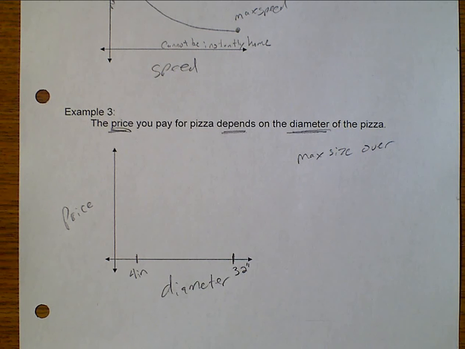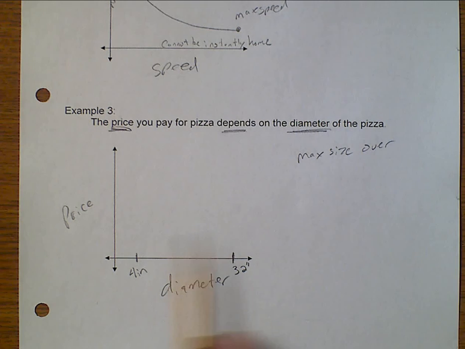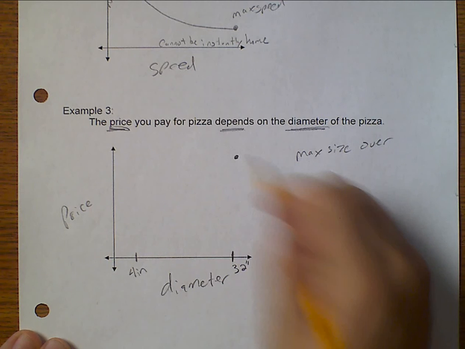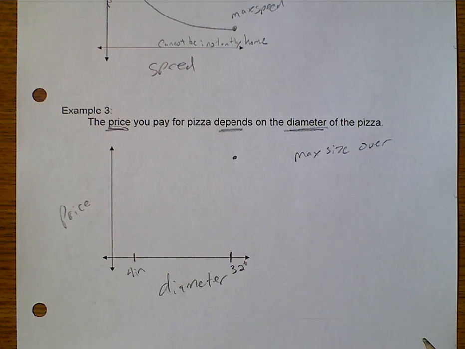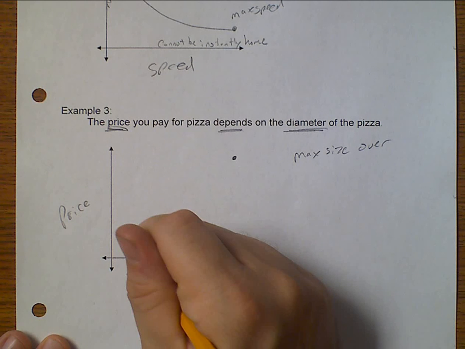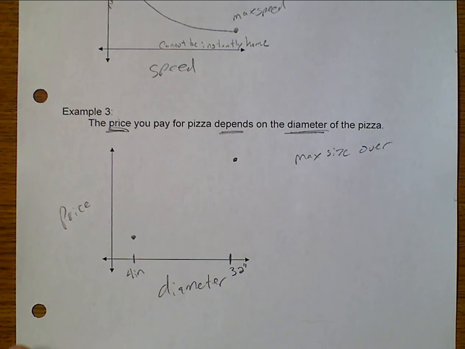Alright? Now, what do you think is going to be more expensive, the 4-inch or the 32? Well, the 32-inch is definitely going to be more expensive. And the 4-inch, we're still going to pay for it. The 4-inch is not going to be free. So we're looking there.